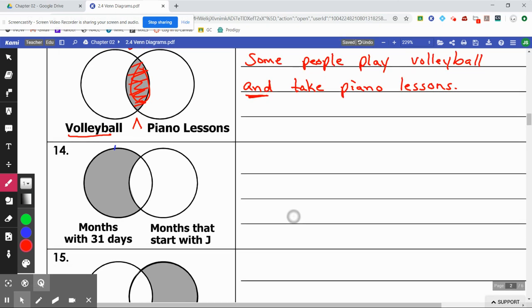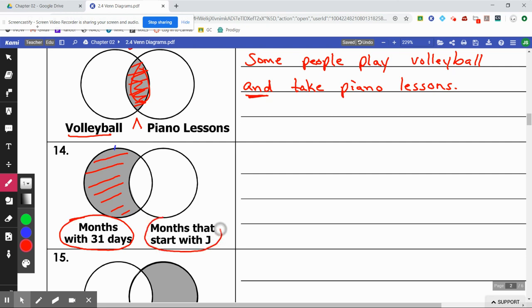Okay, number 14. Notice that you're talking about the stuff that is shaded. It says months with 31 days, and then this is months that start with J. So this over here would be the months that have 31 days but are not in this circle.